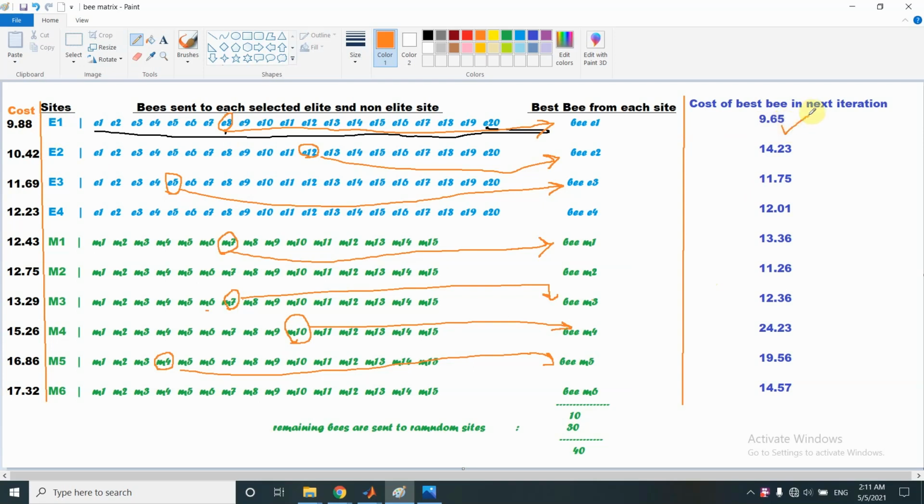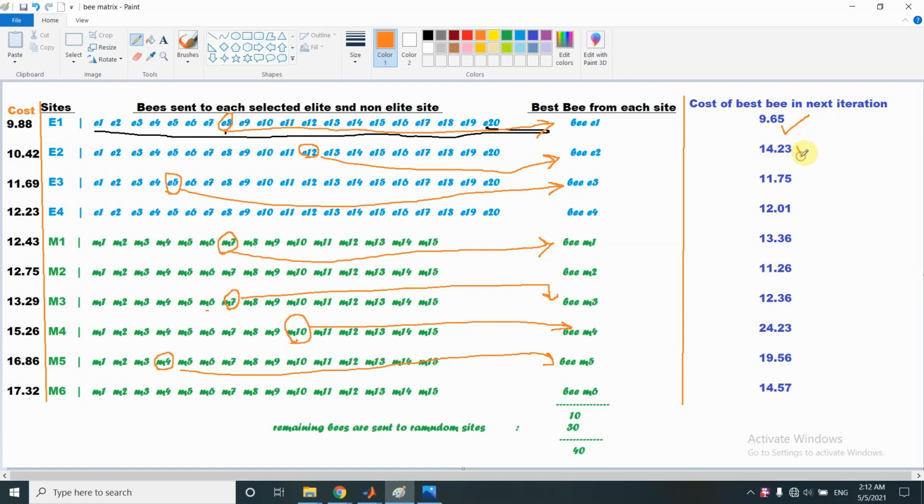So yes, this bee will be updated, or we can say the bee for site E1 will be updated. But for E2, the best cost from the previous iteration was 10.42, but in the current iteration, the best cost is found to be 14.23, which is clearly not better than 10.42.